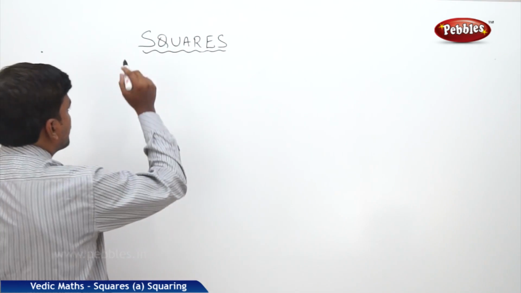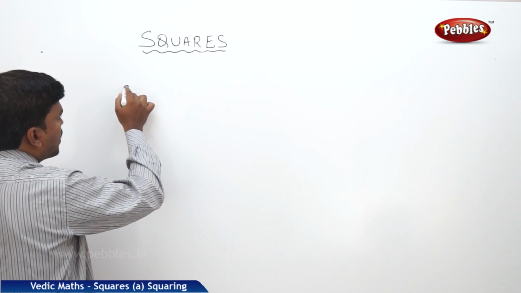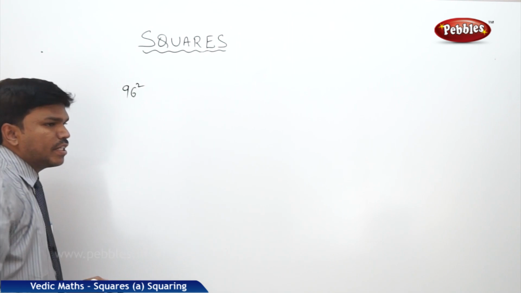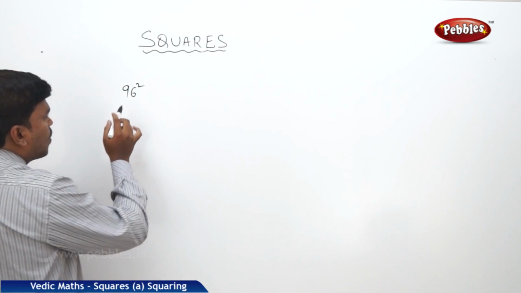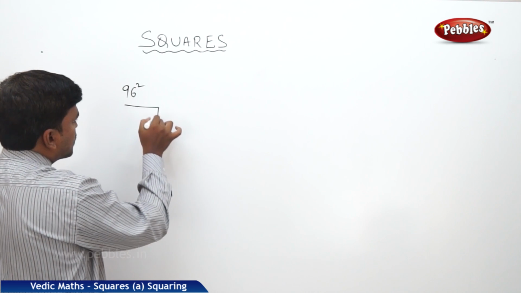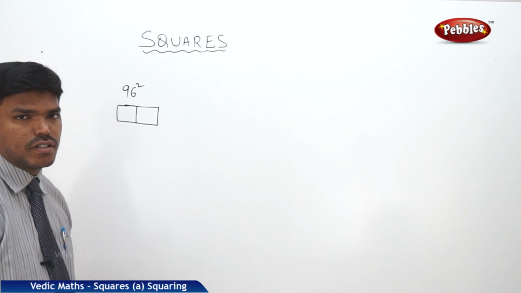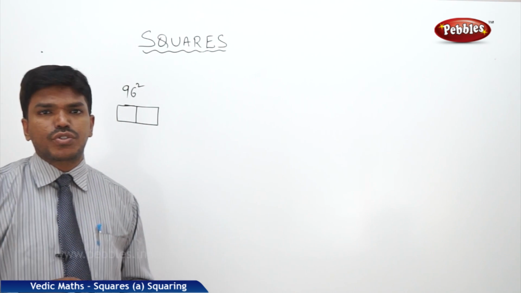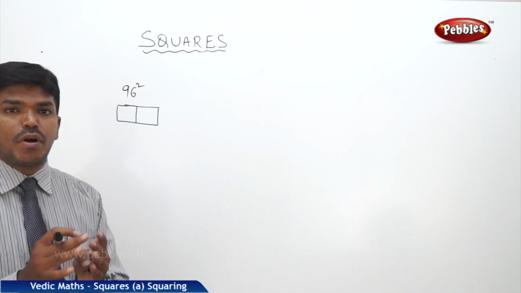See here, suppose I need 96 square. Now just draw two boxes like this, and to find out the 96 square, you just compare with 100.